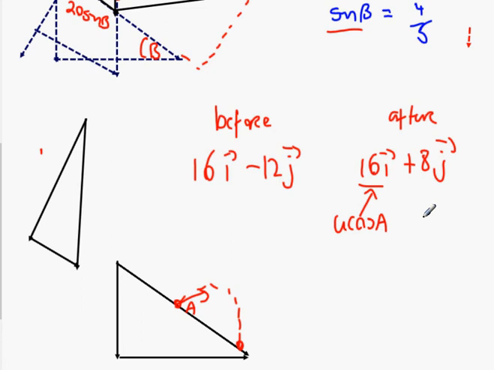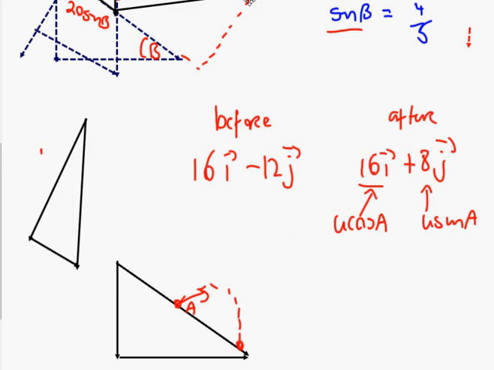U sin alpha is 8. In the previous questions, we're always given the angle and the speed, so we can work that way. In this case, it's easier to get the component in the first place and not worry about the angle. So anywhere we see u cos alpha, it's going to turn into 16, and anywhere we see u sin alpha, it's going to turn into 8.